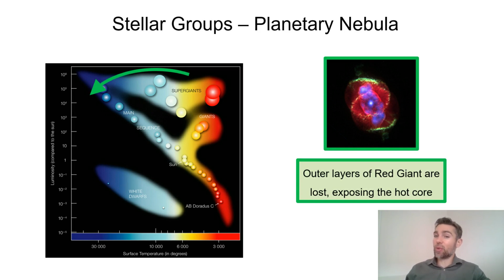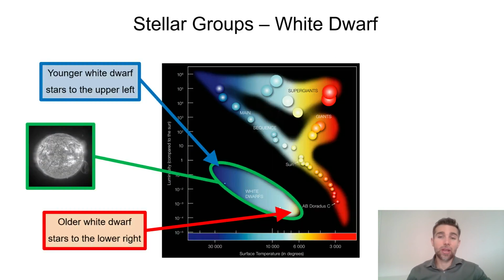So remember luminosity, they become quite luminous, and they start to expose the hot core, which is very, very hot. That then means on the HR diagram, they're going to go over the top there. Now I'm going to come back to planetary nebulas in a little while, but this is the evolutionary phase of a solar mass star, a sun-like star essentially.